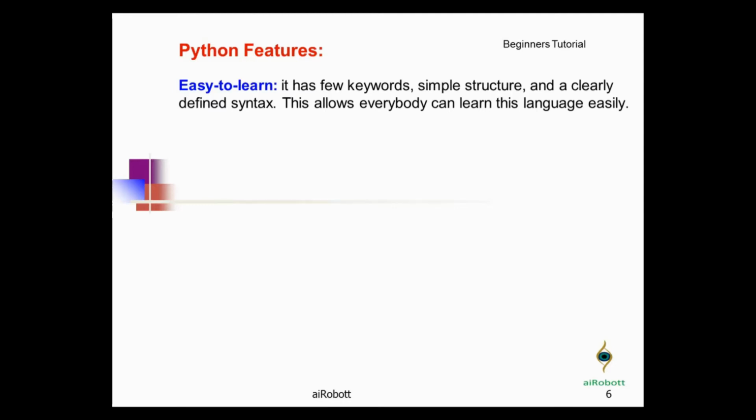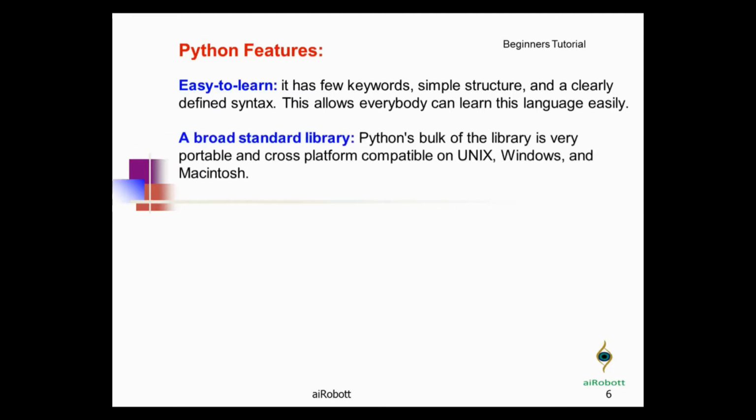Its main feature is that it is easy to learn because it has few keywords, simple structure, and clearly defined syntax. So everybody can easily learn the Python language. It has a broad standard library, and it is very portable and cross-platform compatible on Unix, Windows, and Macintosh.